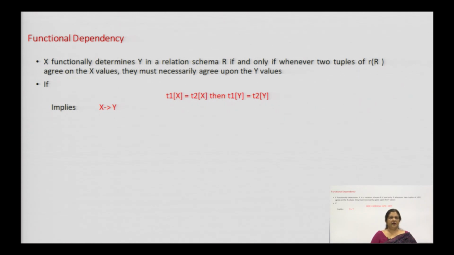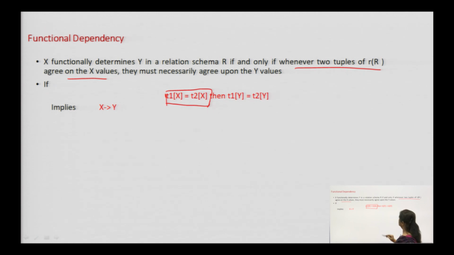A formal definition of the functional dependency says that X functionally determines Y in a relation if and only if whenever two tuples of the state of R agree on their X values, then they must necessarily agree on the Y values also.